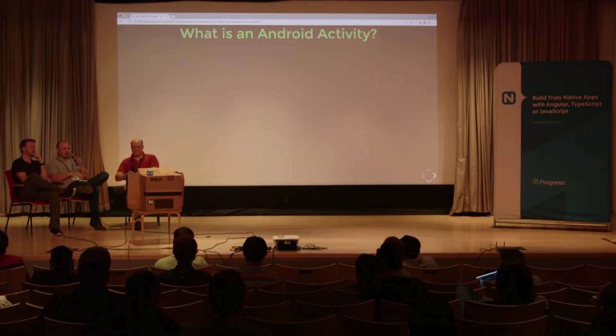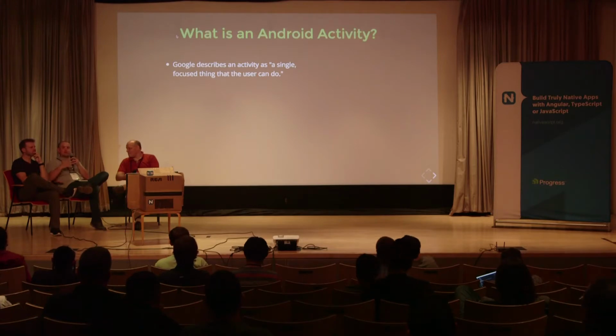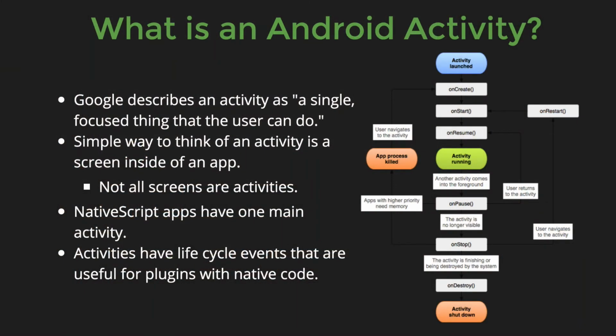That is correct. So an activity, the way Android and Google describe it, is a single focused thing that the user can do. So think of it as one screen in your application. So for example, the Facebook activity, it has one purpose. It is to authenticate against Facebook's SDK and return something to you as you're consuming that SDK.